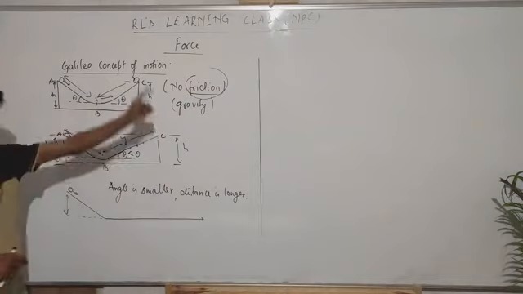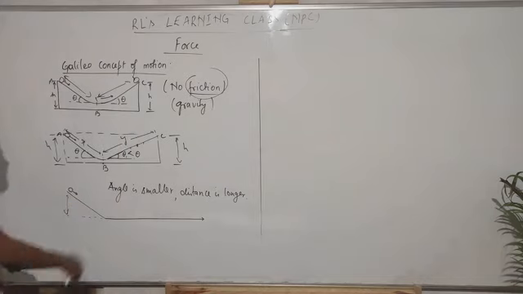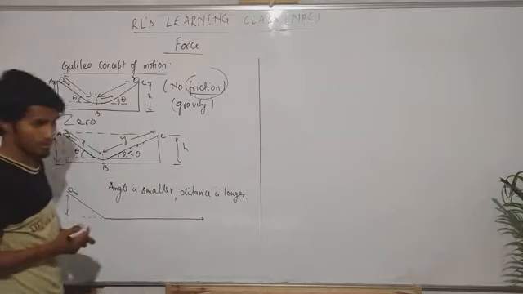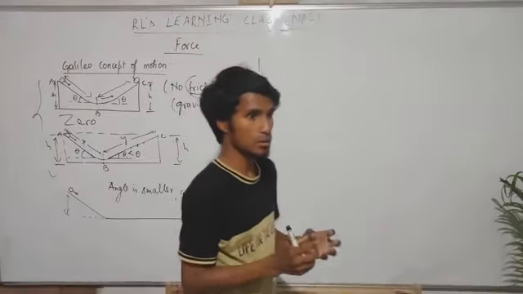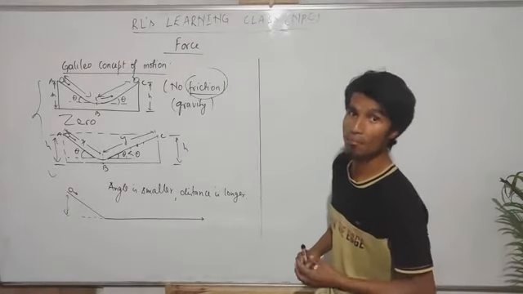But in this case, the unbalanced force is 0. Then 0 unbalanced force will make the object move in uniform motion.